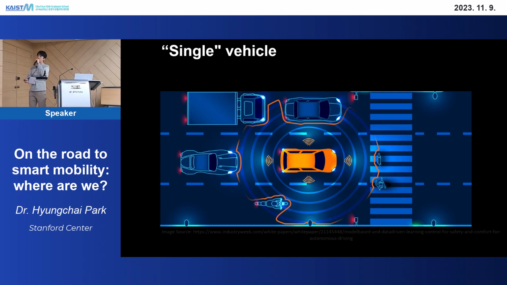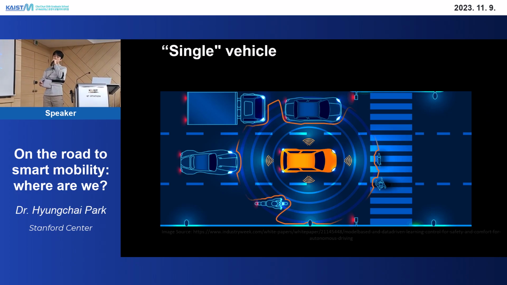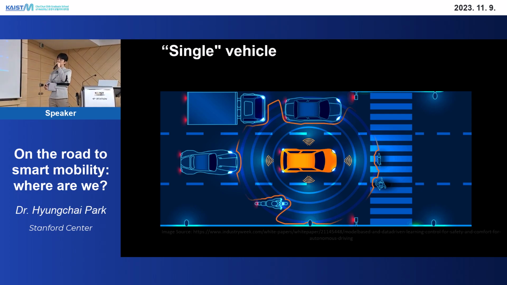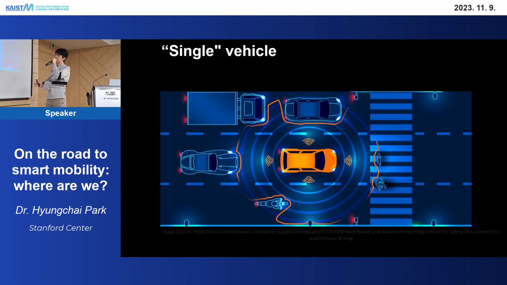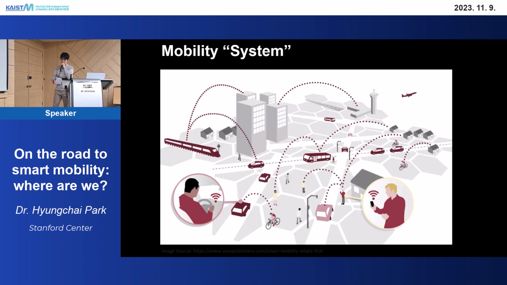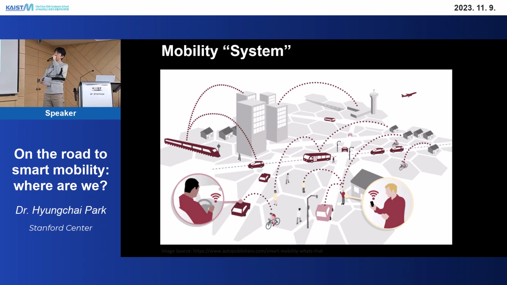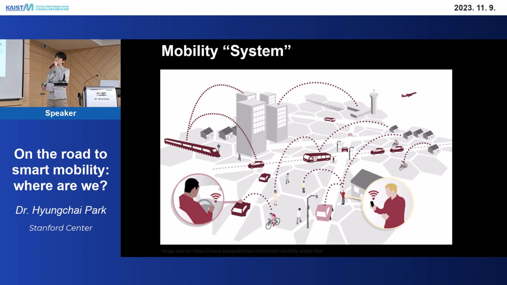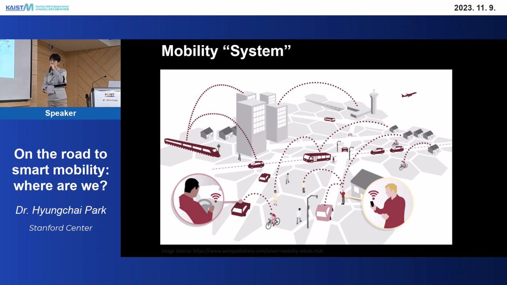So until now, I talked about autonomous driving technologies, but even when I talk about them, they only care about a single vehicle. All the technologies are about how to move a car, how to move a single vehicle. But we are moving around within a mobility system, in which all transportation modes and infrastructures are interconnected.